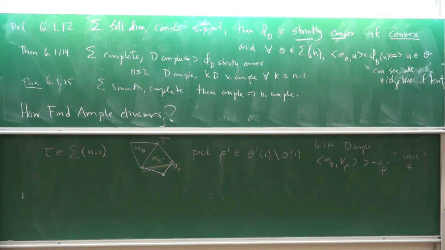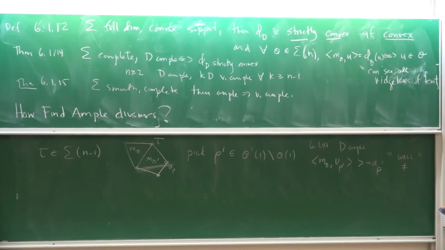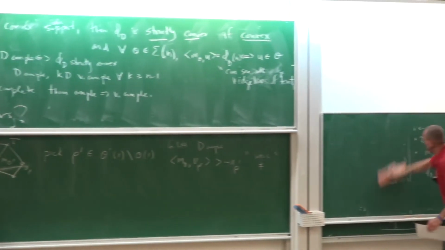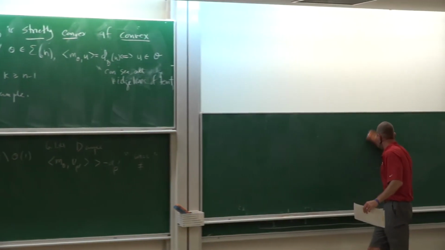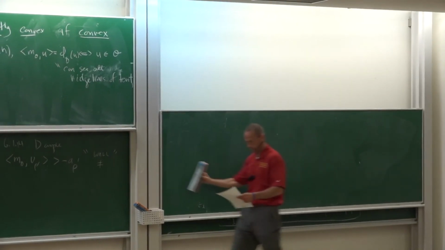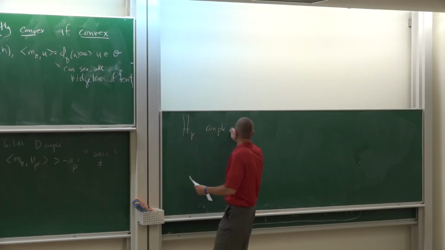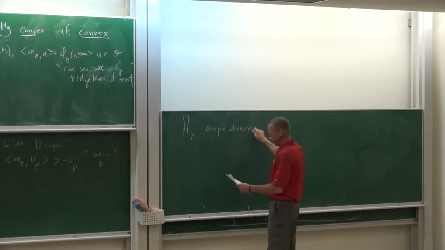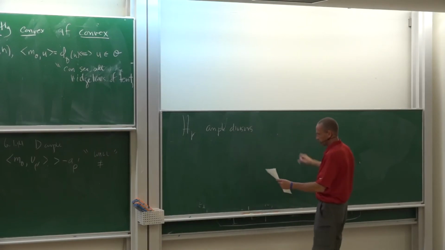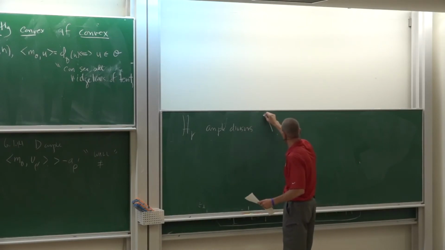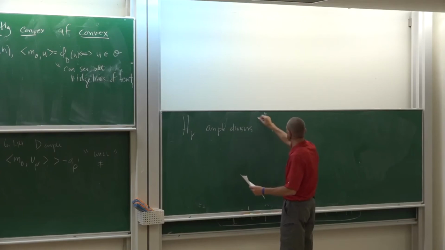So let's figure out all the ample divisors on the Hirzebruch surface. On the Hirzebruch surface, we knew that this is minus 1 comma r.